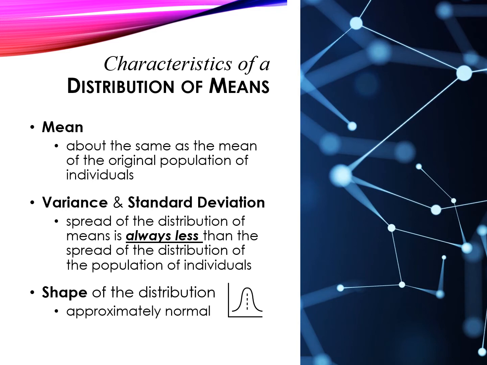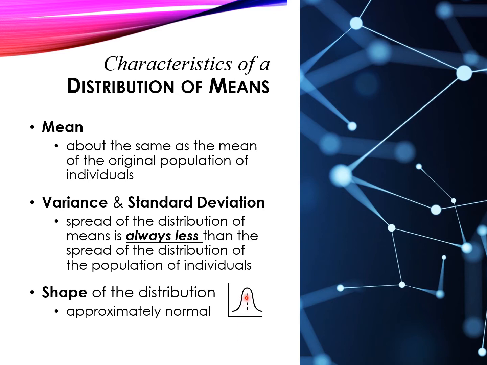Okay. The variance and the standard deviation, we've been talking about those this whole time. Now we're going to be talking about them in comparison. We remember that the variance and standard deviation, when you're looking at a curve, is the spread of how the scores are spread out across the number line and around the mean right here in the middle.